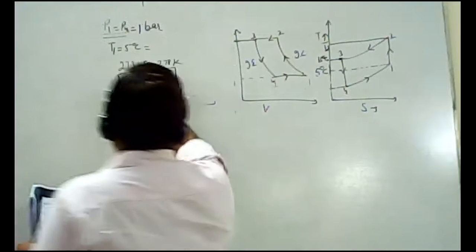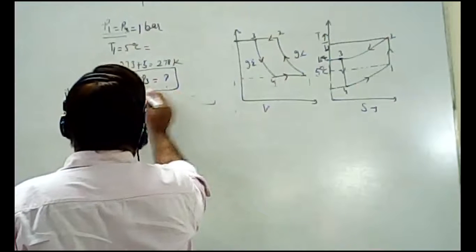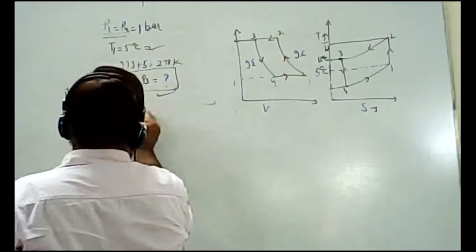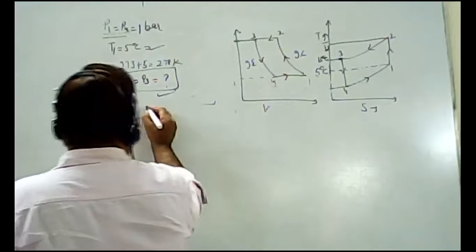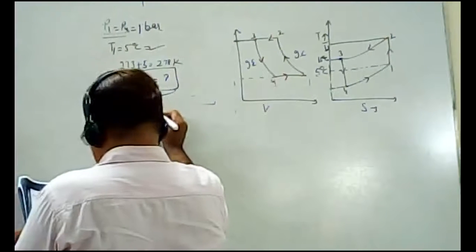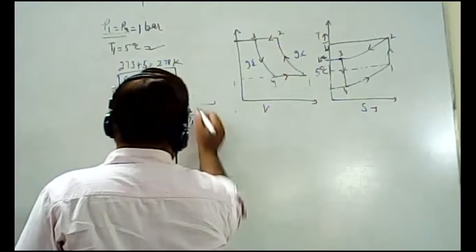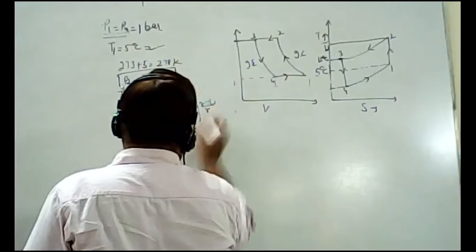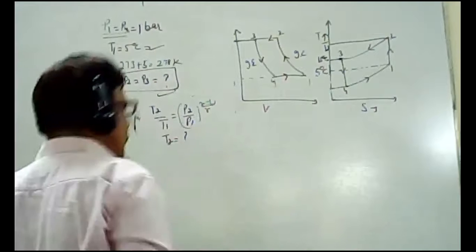So these values are given. Again you can calculate from this formula: T2 divided by T1 is equal to P2 by P1 raised to the power gamma minus 1 divided by gamma. From here, you can calculate the value of T2.